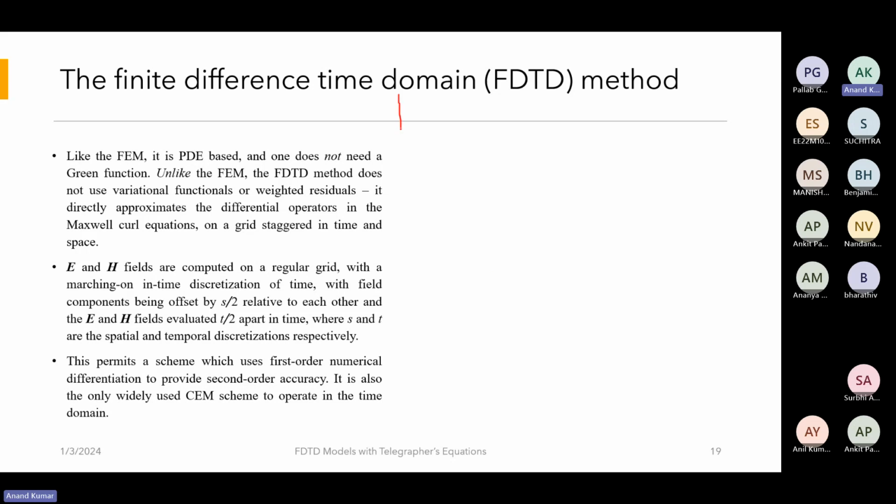So in FDTD, this is your simulation space, and then we start discretizing. It says the field components are offset by ΔS/2. So let's say that this is a 1D problem, and this is your space axis, and this is your time axis.